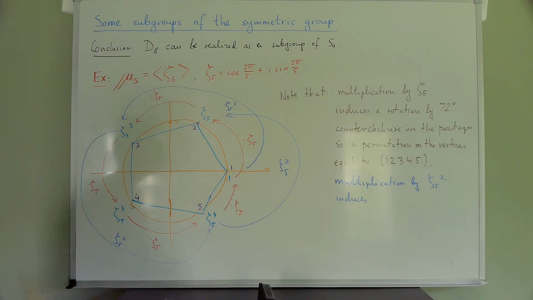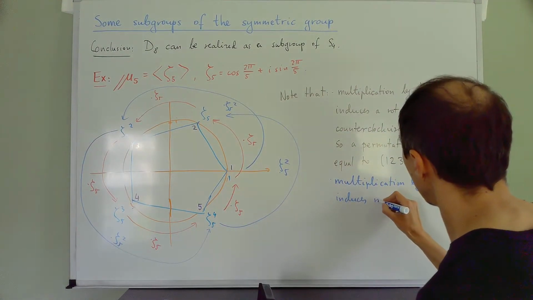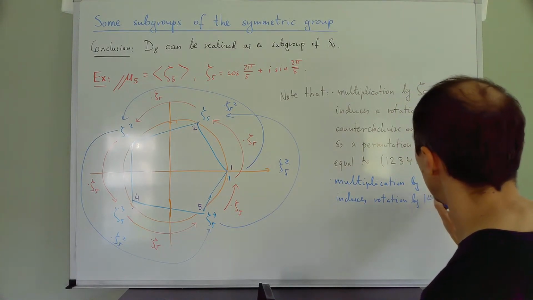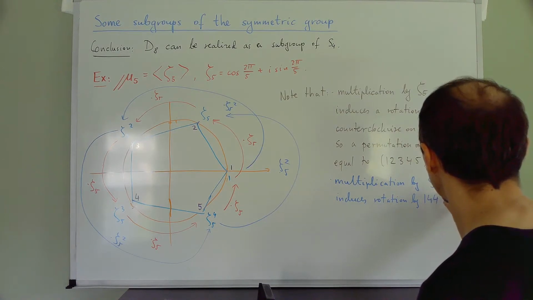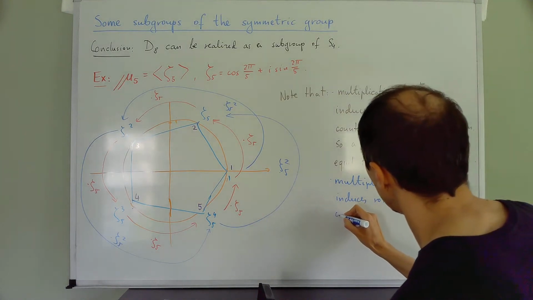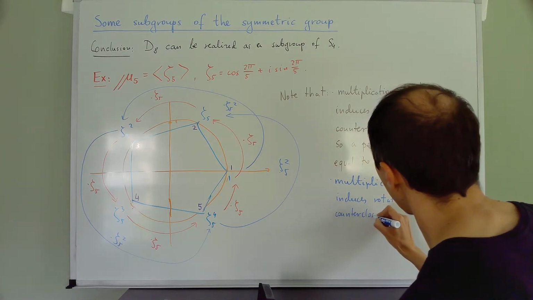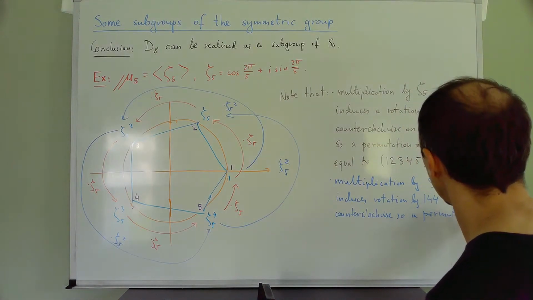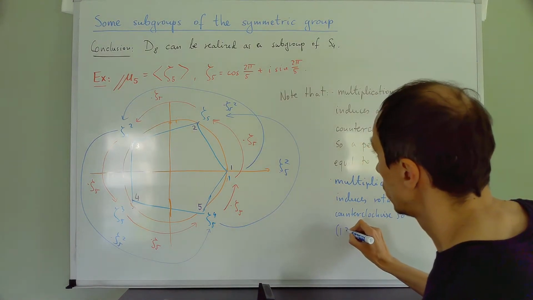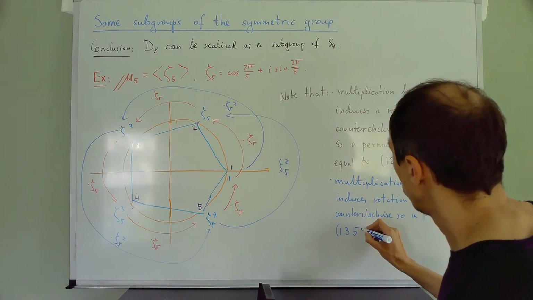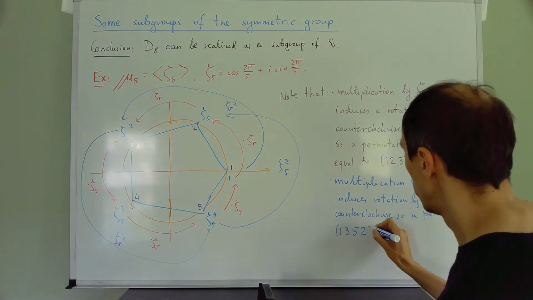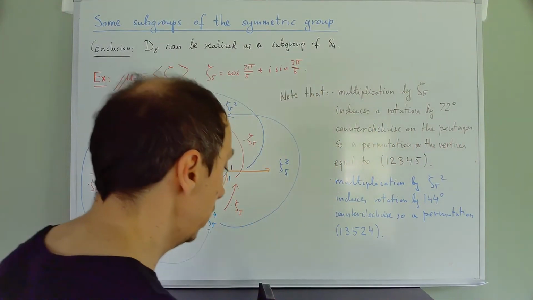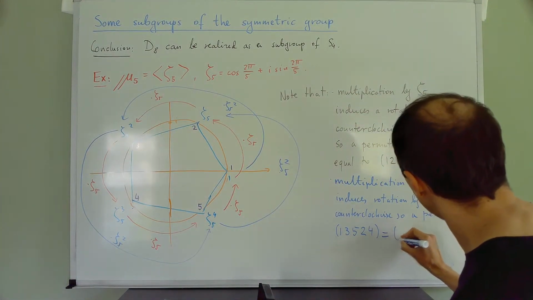So it's a rotation by 144 degrees counterclockwise. So a permutation: 1 goes to 3, 3 goes to 5, 5 goes to 2, 2 goes to 4, and so on. In particular, this is the square of the previous one.